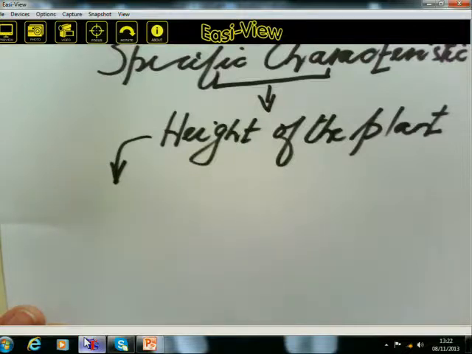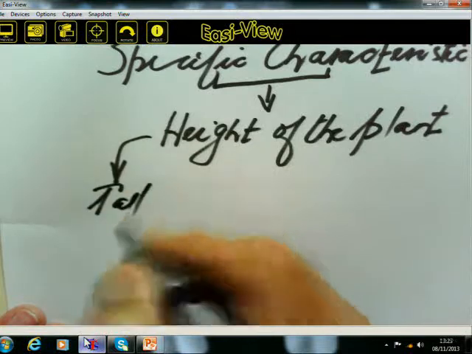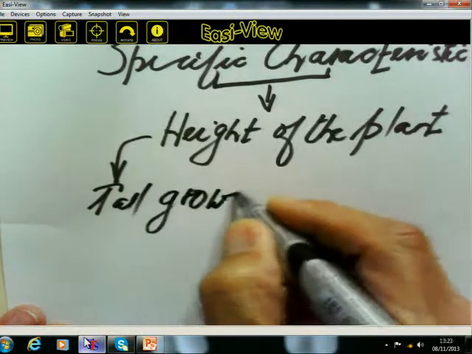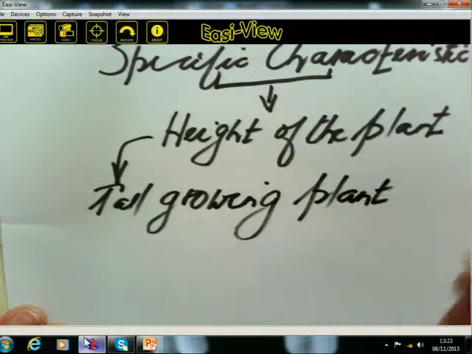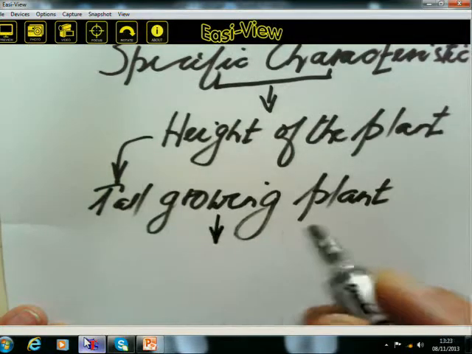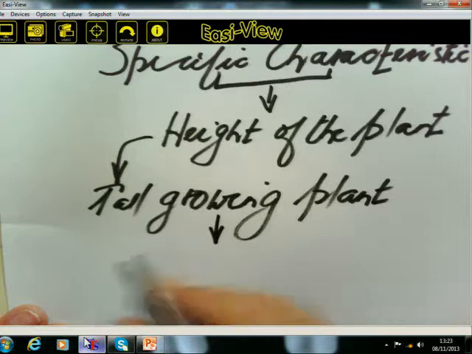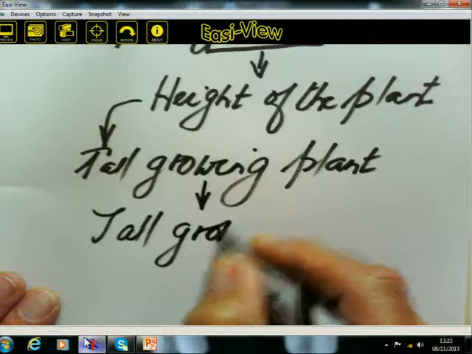Remember what he observed. If I take a tall growing plant, it simply means, if I say the tall growing plant is true breeding as far as height of plant is concerned, that they will always produce tall growing plants.